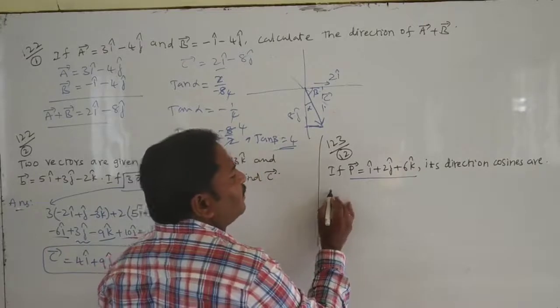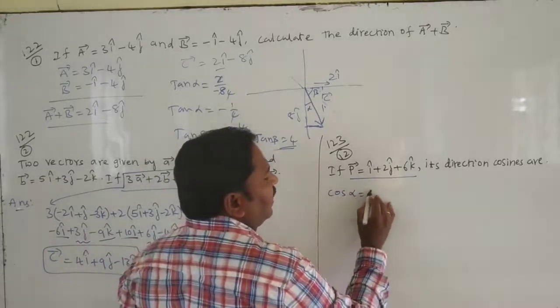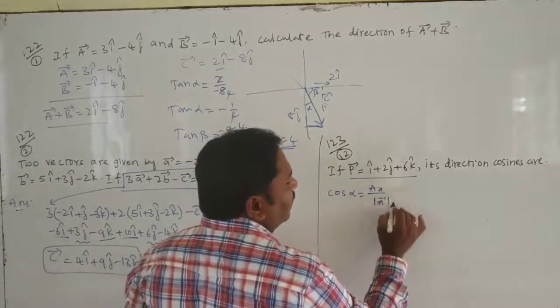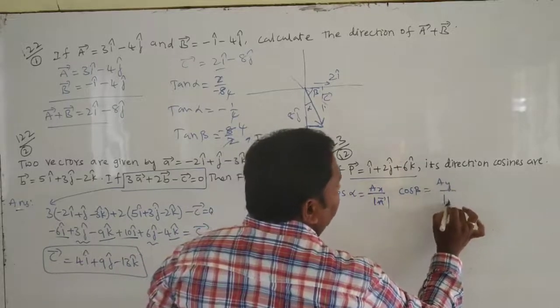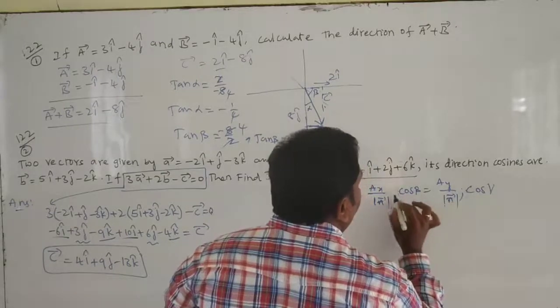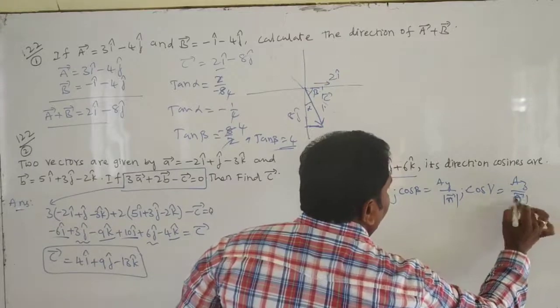What is the formula for direction cosines? Cos alpha equals to ax by modulus of a, cos beta equal to ay by modulus of a, cos gamma equal to az by modulus of a bar.